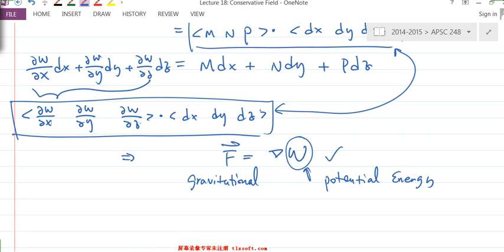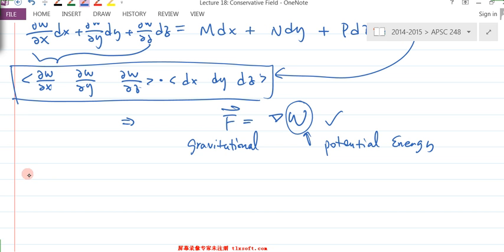Now, this is basically a pure mathematical concept. If I get rid of whatever field it is, essentially you can always create a vector field using a scalar function.